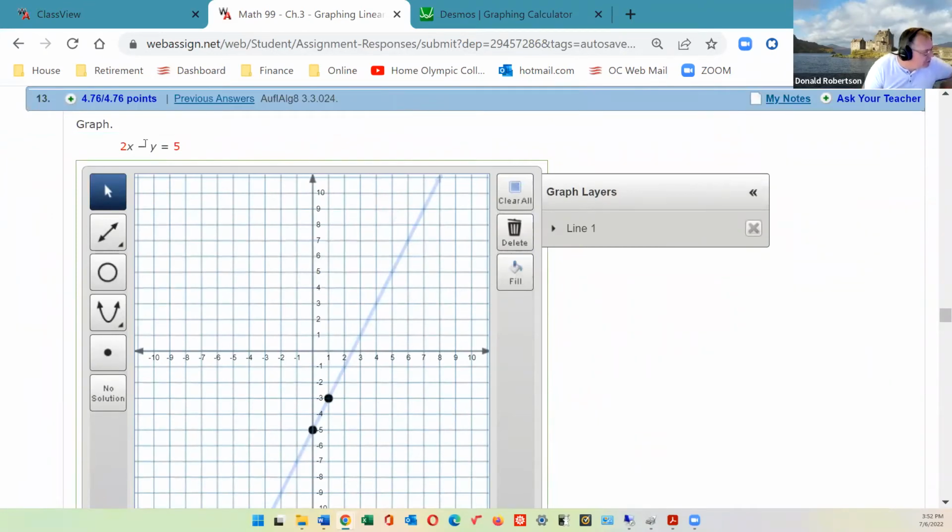Just for argument's sake, if this had 2 Y or 3 Y, let's say I had 2 Y, I'd probably be using X equals 0, 2, 4, things like that. If it was 3 Y, I'd be doing X equals 0, 3, and 6, and hopefully that would work.